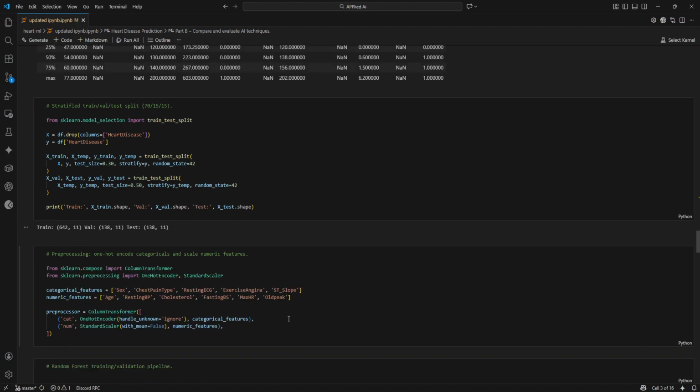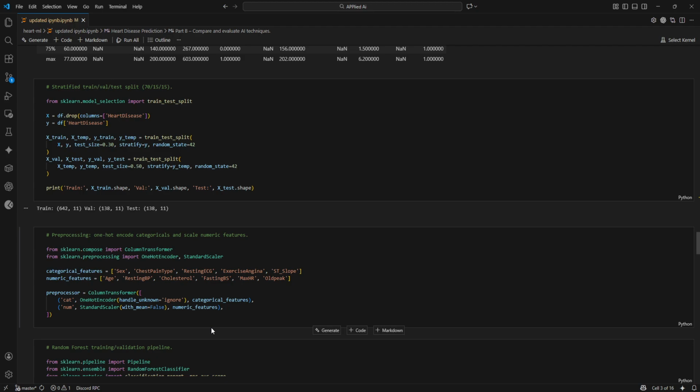So here we split the data into training and testing subsets using stratified sampling. This ensures both subsets contain a similar proportion of the patients with and without heart disease. The features are divided into numerical and categorical groups.